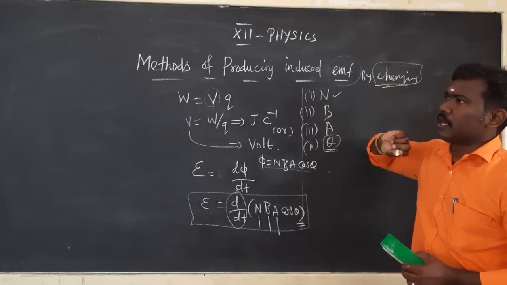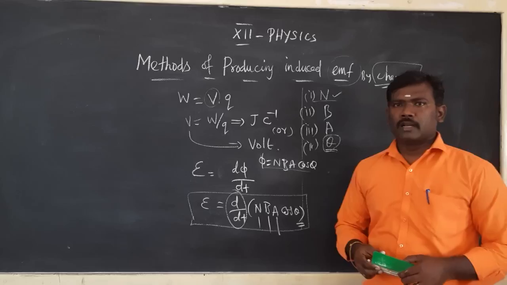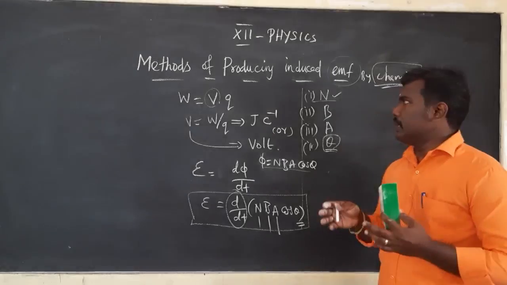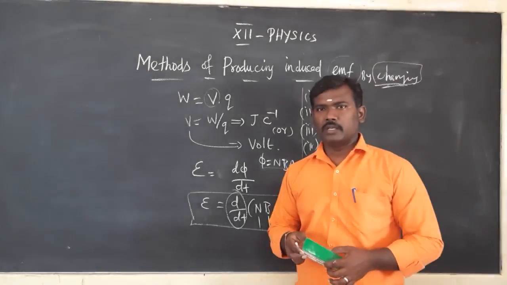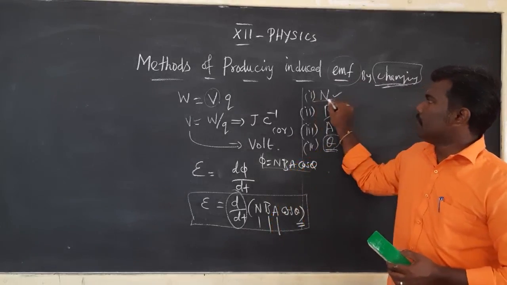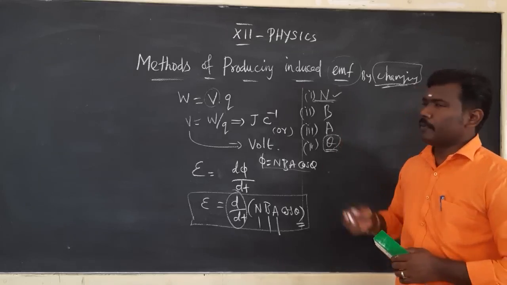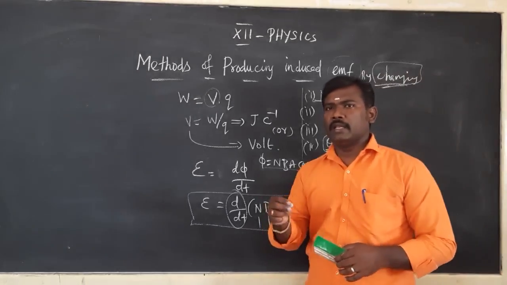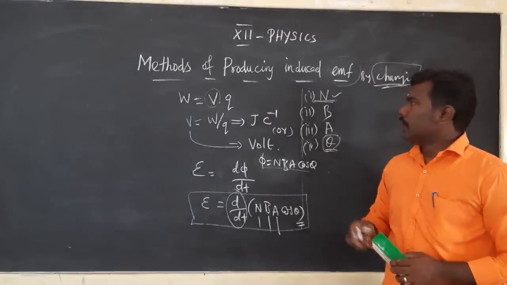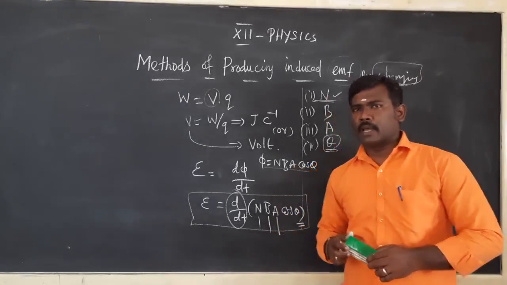Now we are going to discuss each and every point. Compare the first point, changing the number of turns. It is possible to produce the induced EMF when you change the number of turns in the coil, but it is difficult to change the number of turns every second, or every fraction of a second.